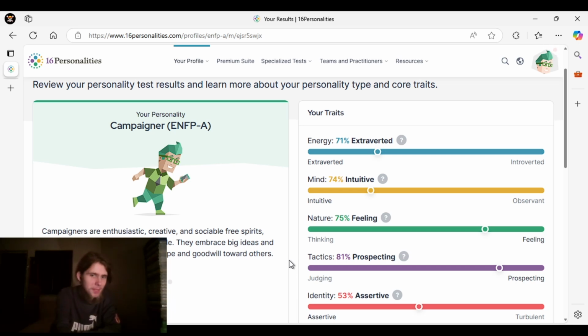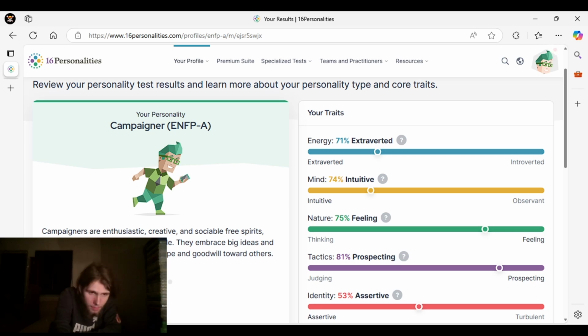That's probably an ENFP doing their shenanigans, because they wanted to. That is literally how it would work. But yeah, this is pretty accurate if you think about it.